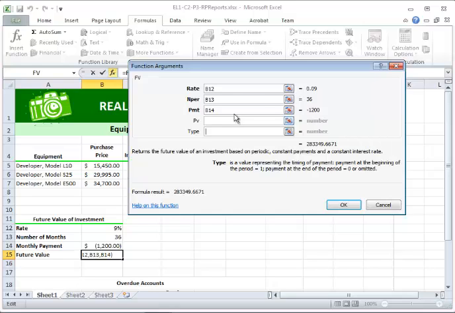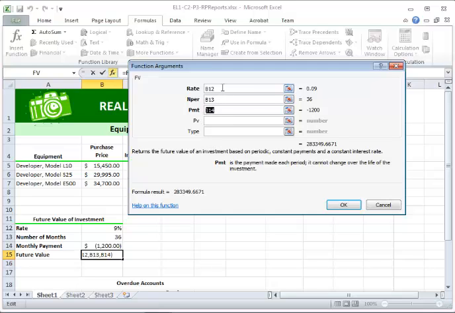I've just noticed that the rate here, B12, contains 9%. That is an annual rate. And B13 is the number of months, so that is monthly, and we're also talking about a monthly payment.